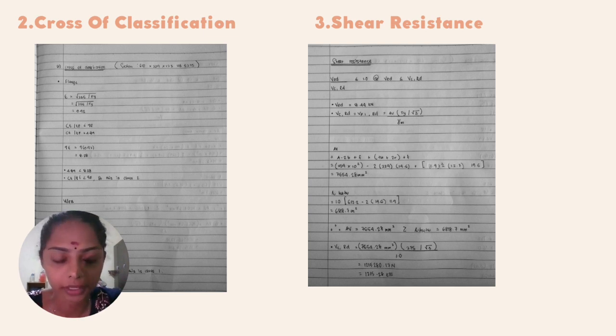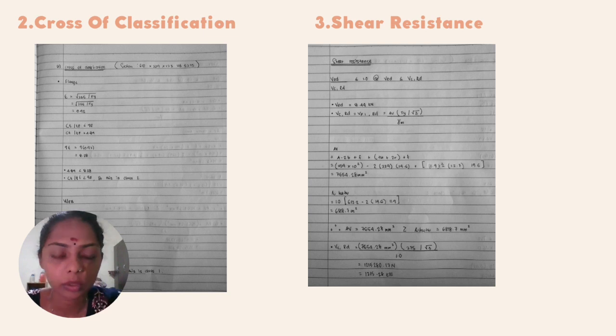Shear resistance. VED divided by VC,RD must be less than or equal to 1.0. So VED is 8.44 kN. VC,RD equals VPL,RD equals AV times fy divided by root 3, divided by γM0.